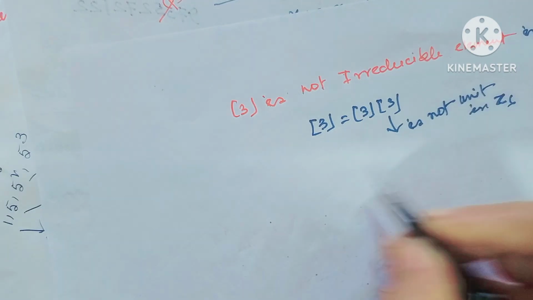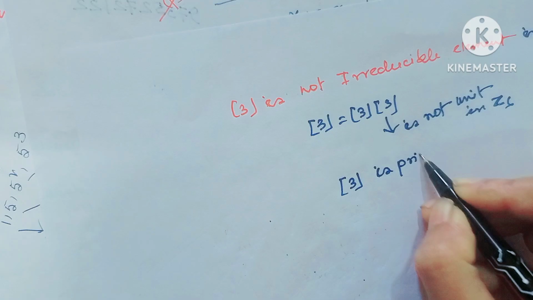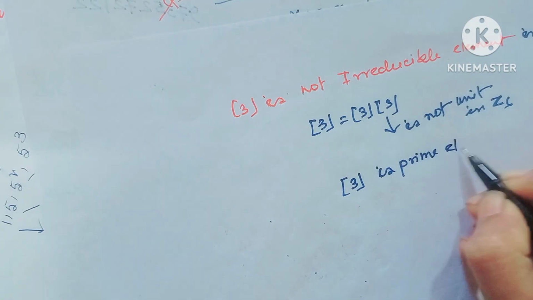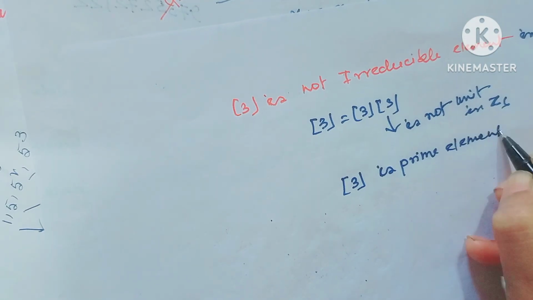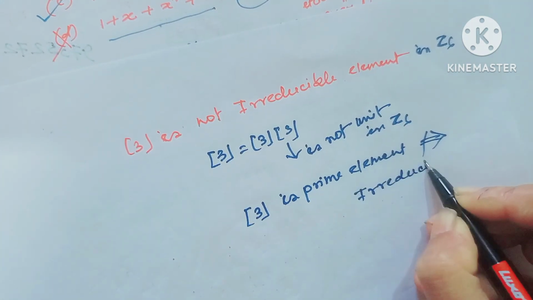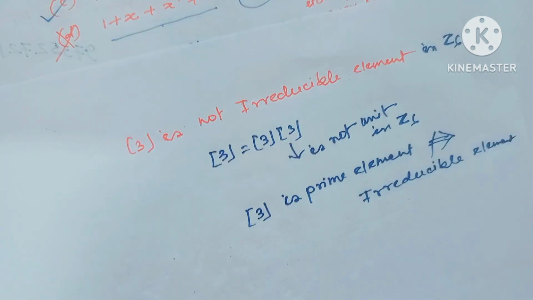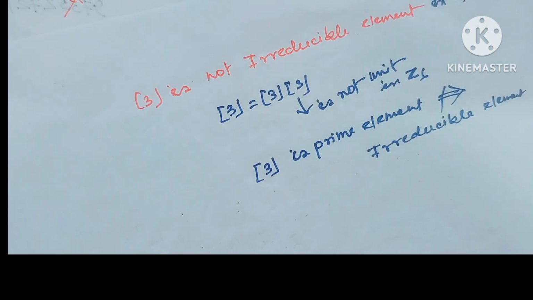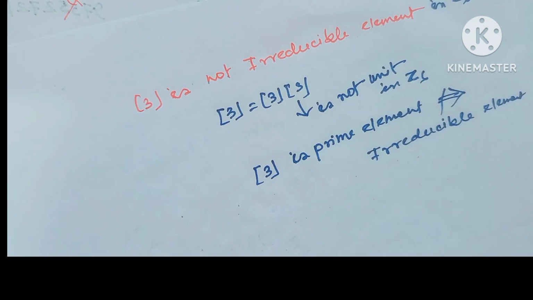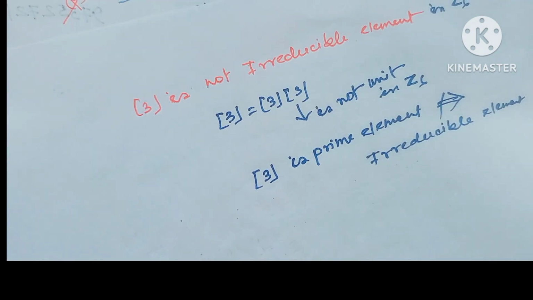So class 3 is a prime element, but this does not imply it is an irreducible element. Prime and irreducible elements are different. Only in Z do they coincide.